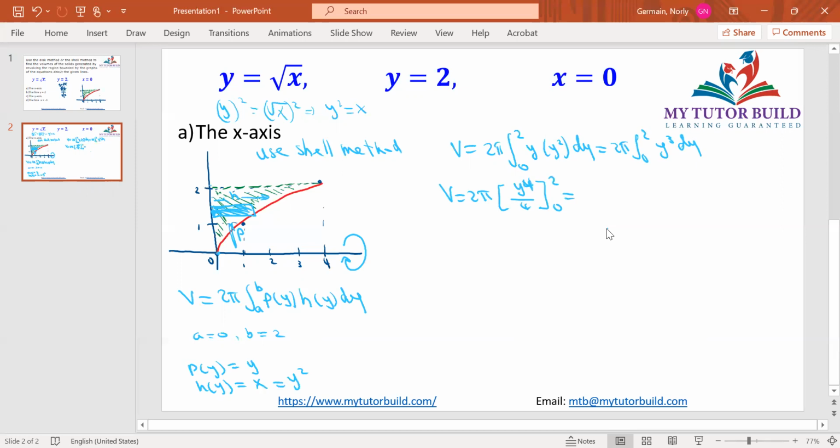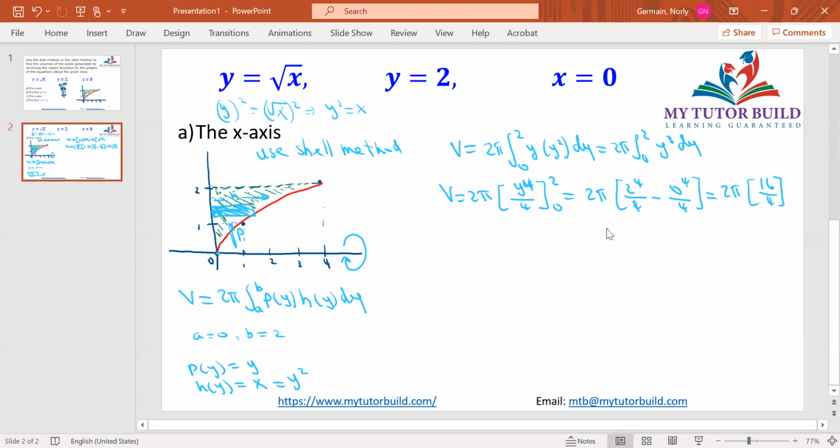When you substitute for 2, 2 pi would be 2 to the power 4 over 4 minus 0 to the power 4 over 4. Now you know that would give us 2 pi times 16 over 4 minus 0.